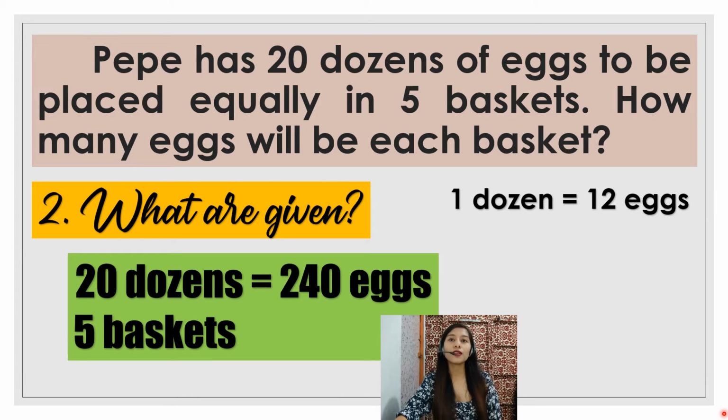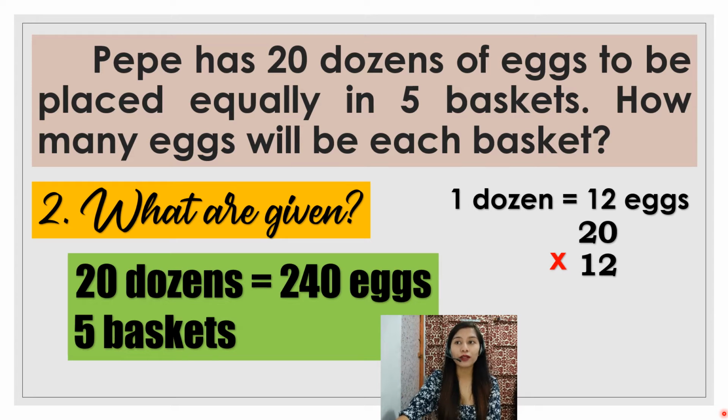So first, let us analyze. 1 dozen is equal to 12 eggs. So we simply multiply 20 dozens times 12. So 2 times 0 is equal to 0. 2 times 2 is equal to 4. And then the other one, 1 times 0 is 0. 1 times 2 is 2.